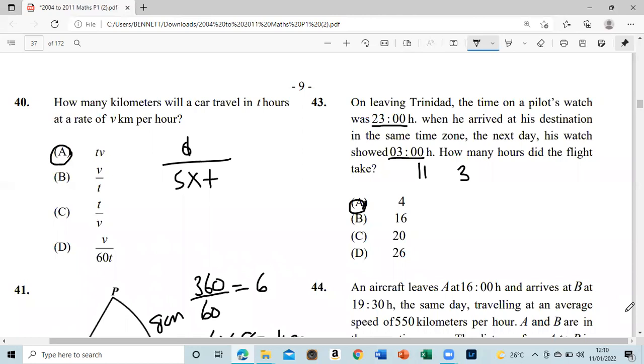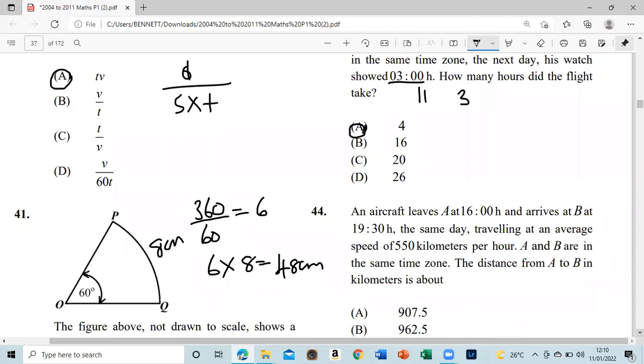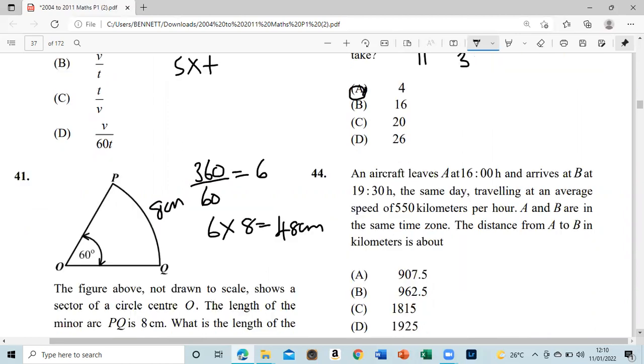All right, an aircraft leaves A at 1600 hours and arrives at B at 1930 the same day, traveling at an average speed of 550 kilometers per hour. A and B are on the same time zone. The distance from A to B in kilometers is about, all right, let us just recap. From 16 to 19:30, that's 3.5 hours. So the time is 3.5 hours.